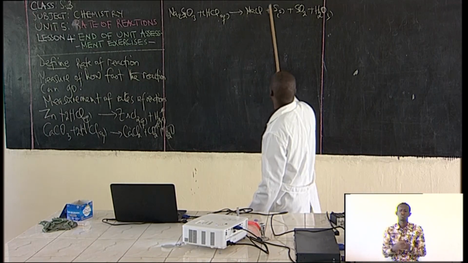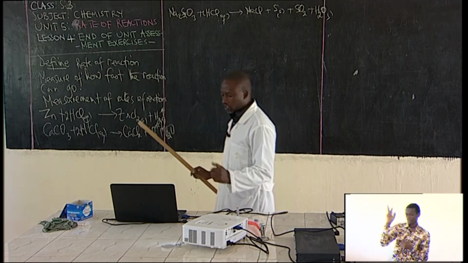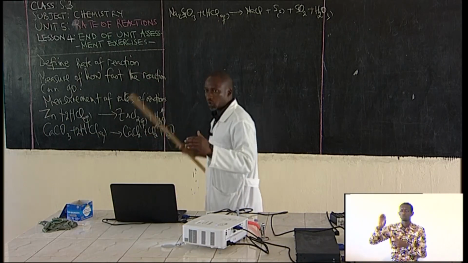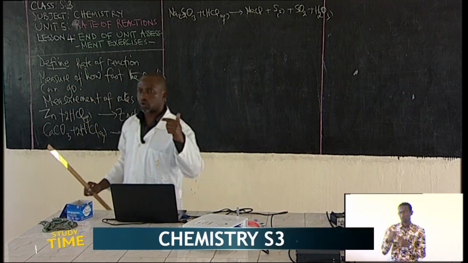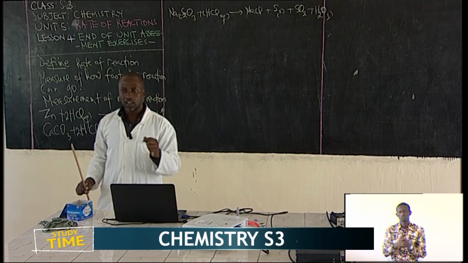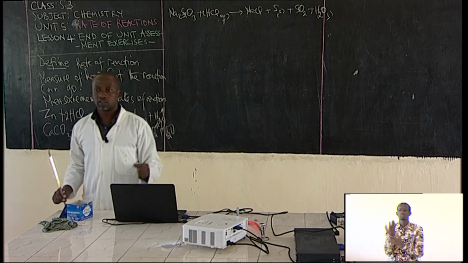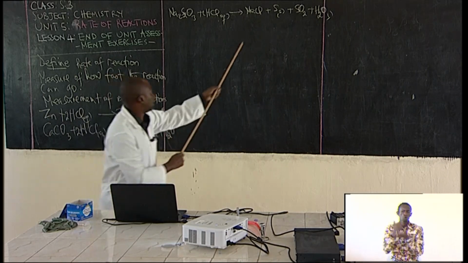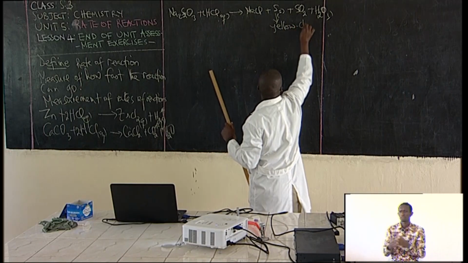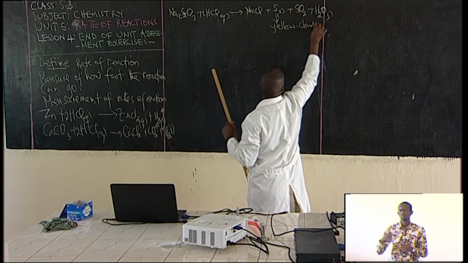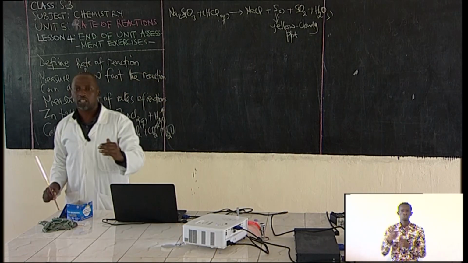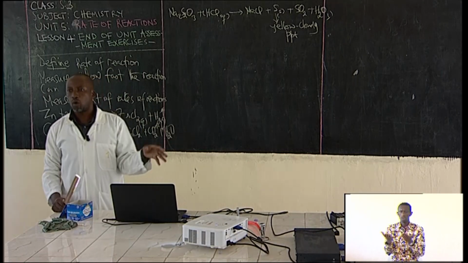We said sulfur is produced. Sodium thiosulfate and hydrochloric acid react together to produce a precipitate. We are determining after how long this sulfur precipitate is formed as a yellow cloudy precipitate, how long it will take for this precipitate to form.